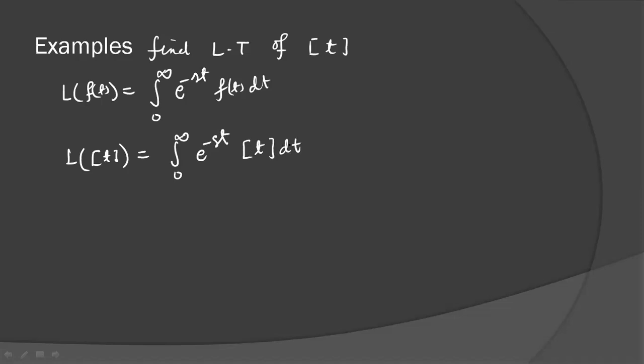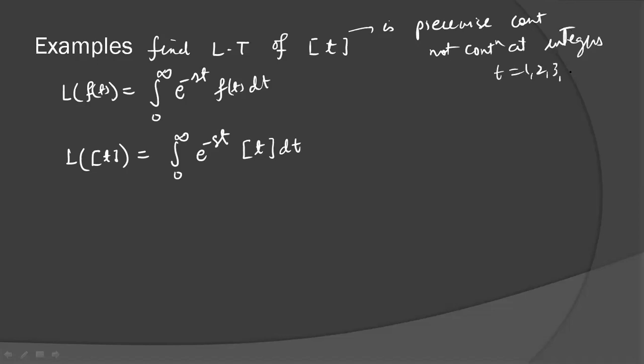Now see, greatest integer function is piecewise continuous. Not continuous at integers, at integers meaning 1, 2, 3 and so on. So we have to break this integral at the integers using the definite integration property.